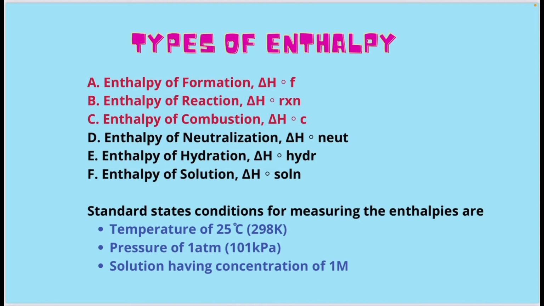For the types of enthalpy, this is an example of the types of enthalpy, but we only focus on A, B, and C. So A is enthalpy of formation, B is enthalpy of reaction, and C is enthalpy of combustion. Standard state conditions for measuring the enthalpies are a temperature of 25 degrees Celsius, a pressure of 1 atm, and solutions having a concentration of 1 molar.